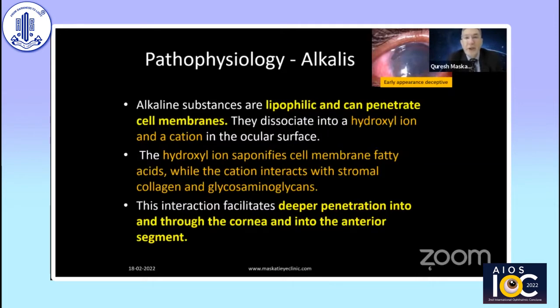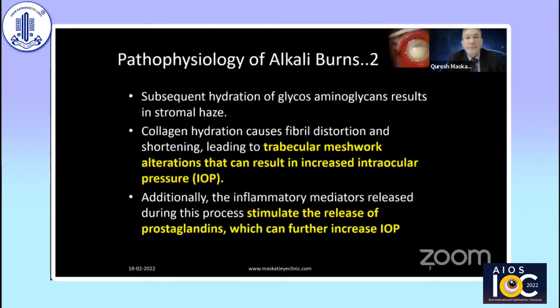Like acids, they dissociate into a hydroxyl ion and a cation, not an anion. Now this hydroxyl ion saponifies the cell membrane like soap saponifies fatty acids, while the cation interacts with the stromal collagen and the glycosaminoglycans or GAGs, and this facilitates deeper penetration through the cornea and into the anterior segment.